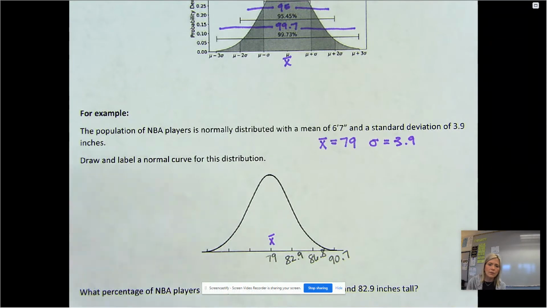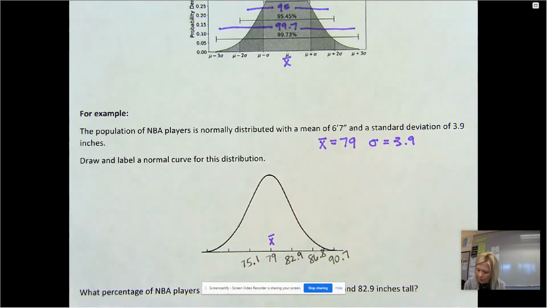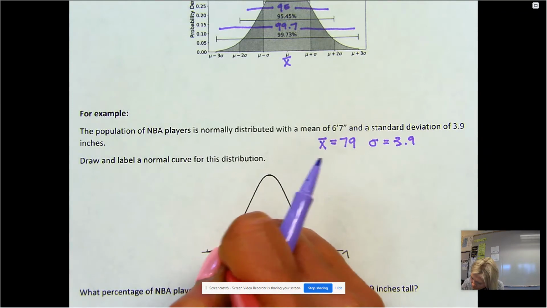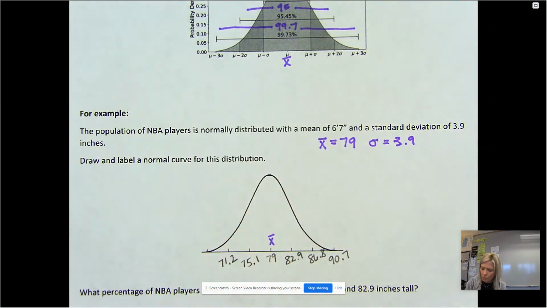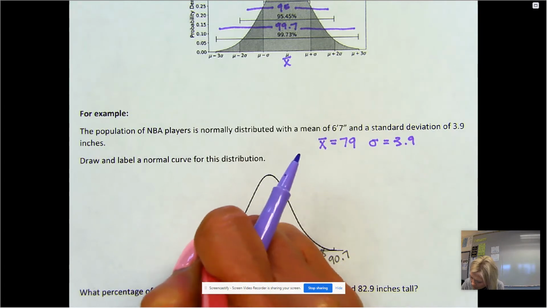Okay, and then going in the other direction, 79 minus 3.9 is 75.1. And then minus 3.9 again, 71.2. And minus 3.9 one more time, 67.3.